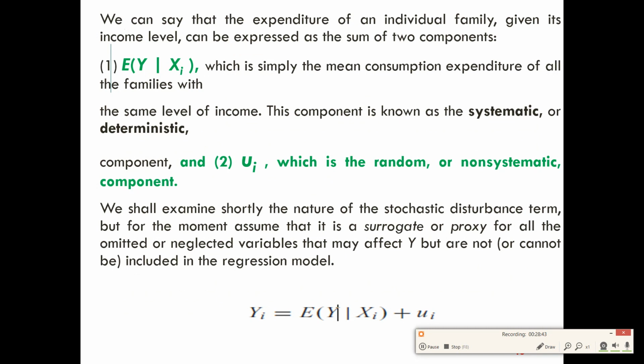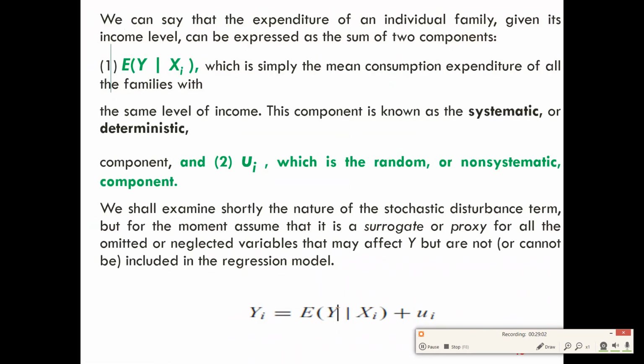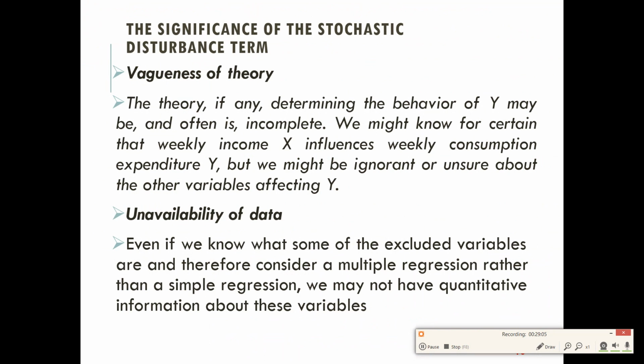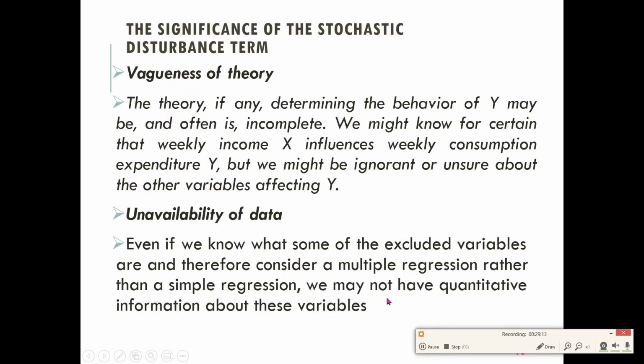Okay, now although it's pretty much clear, even from this table, that the actual consumption values are different and the conditional expectation or the predicted value of the consumption are different, let me now introduce practically, or you can say a prudent justification, why we include the random error or this UI part in the regression function.